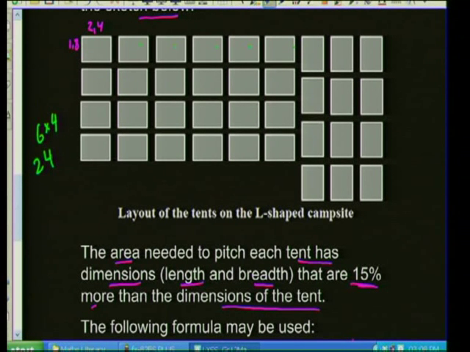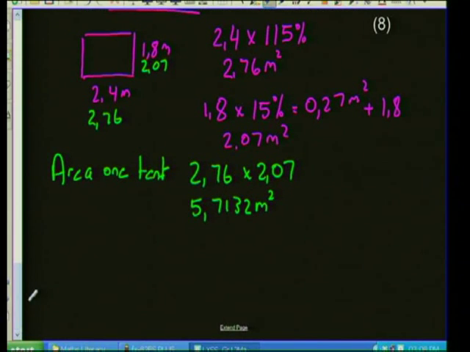Plus here we had 1, 2, 3 by 4. That was 12. So we had a total of 36 tents. So now the total area was 36 tents times 5.7132. Again, I haven't rounded. I'm going to keep this number because my calculator can deal with bigger numbers and I get a more accurate answer.